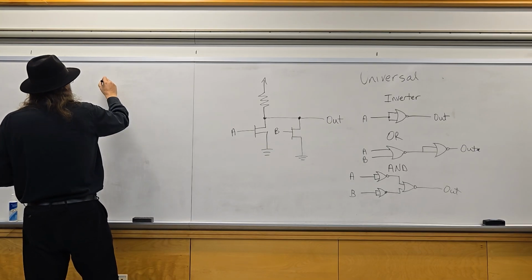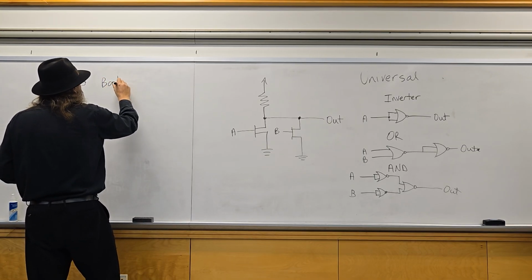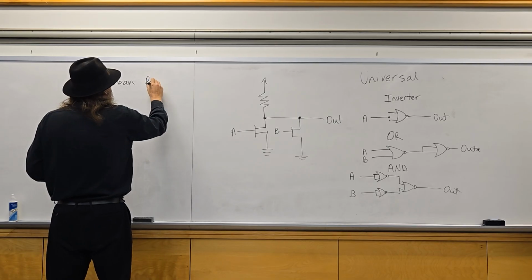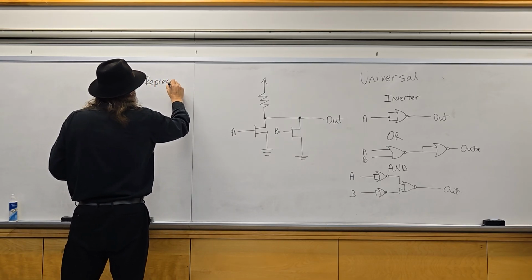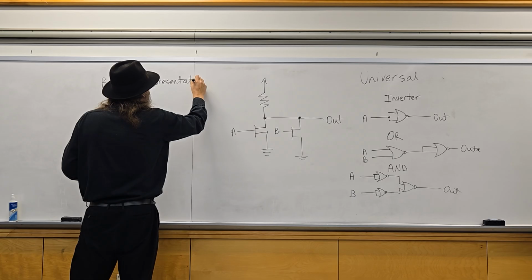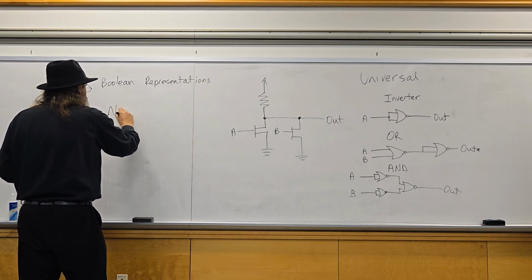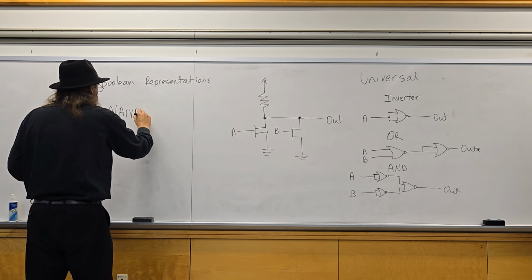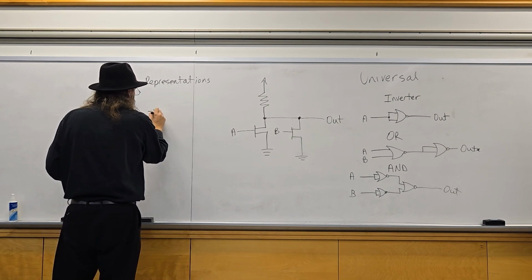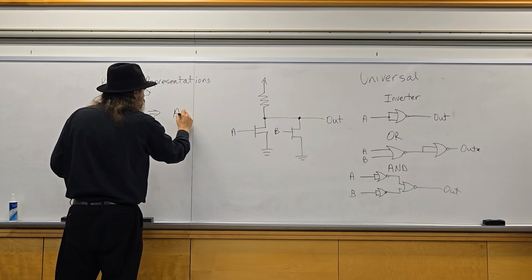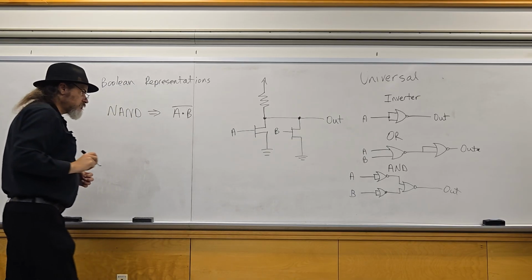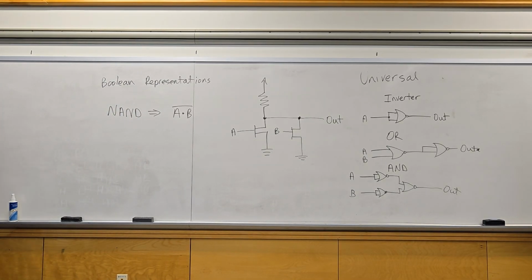Now, in a Boolean expression, NAND is A dot B with a bar over all of it. The bar indicates that it is an inverted output.